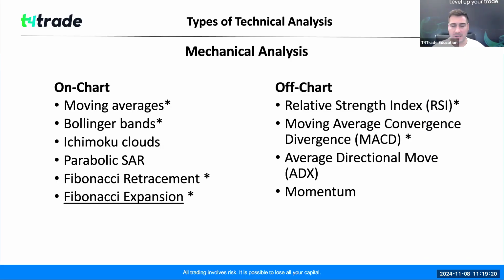So again, I'm highlighting that we are continuing down our path on the technical analysis front. We have split technical analysis as a school of thought into two categories. One is charting analysis, and the other one is mechanical analysis. So at the end of the day, let's just go over what technical analysis is.